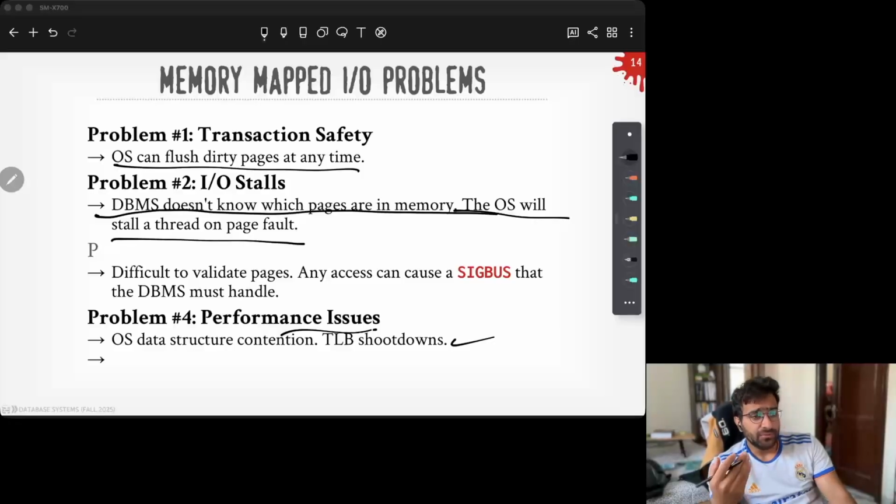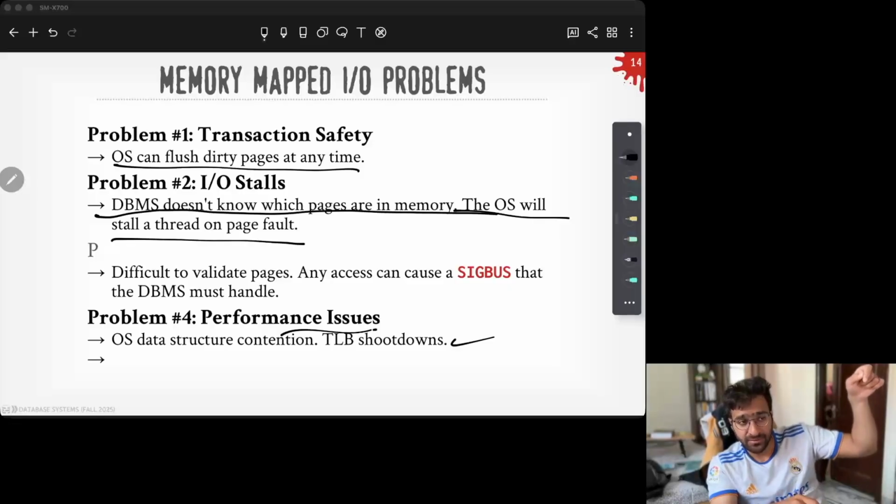Then you have performance issues, when you have TLB shootdowns. What is a TLB shootdown? The translation lookaside buffer: when the CPU switches from one process to another process, it flushes its TLB. What is the TLB? It is a cache for page tables, not the database page tables. It's the cache for the OS level page tables, the virtual memory, the MMU walkthroughs that we do.